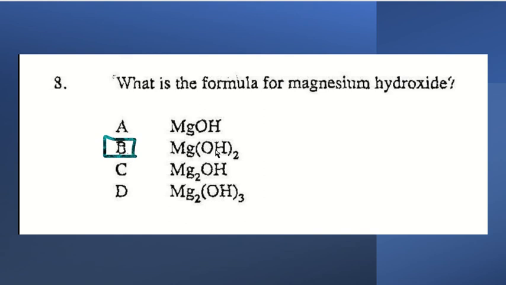Magnesium has a +2 charge, so to make it stable we have to add 2 OH minus, so positive and negative charges become equal and it becomes a stable compound. All other compounds are not true. Option B is the right answer, Mg(OH)2.